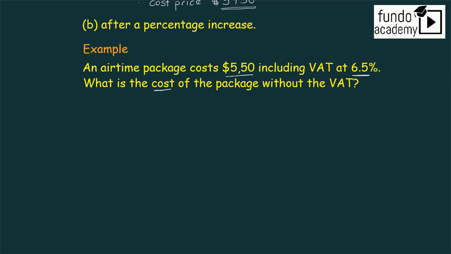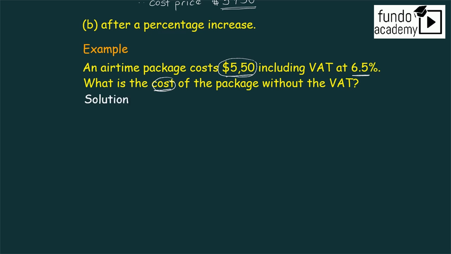So there's a percentage increase of 6.5% on the cost of the package to produce a new value or cost of the package, that is $5.50. All right, so I hope you're understanding this question.